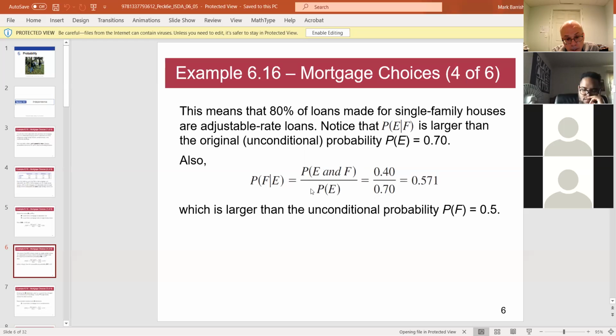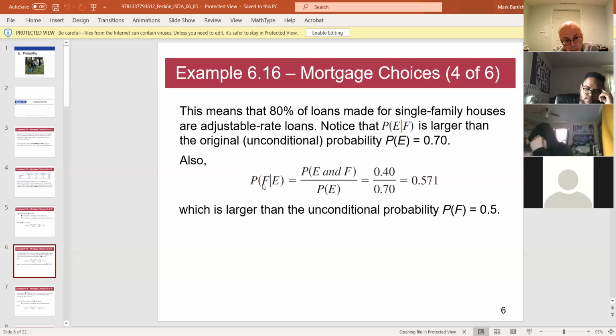Knowing that it's adjustable rate, the probability goes up. It goes from 0.5 to 0.571. What is that telling you? It's telling you that the probability of F is dependent on the information about E.